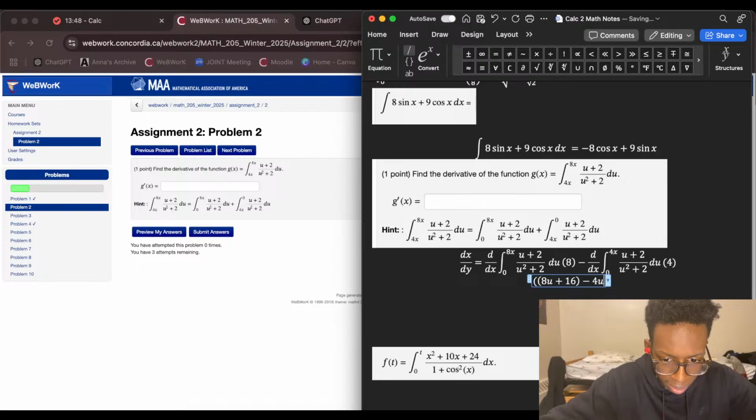For u it would be 4, yeah, so you put the x in. That would be 8x plus 16, and then for x plus 8 minus 8, yeah.